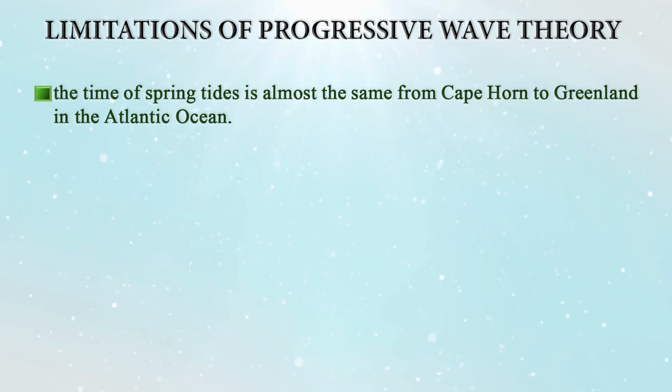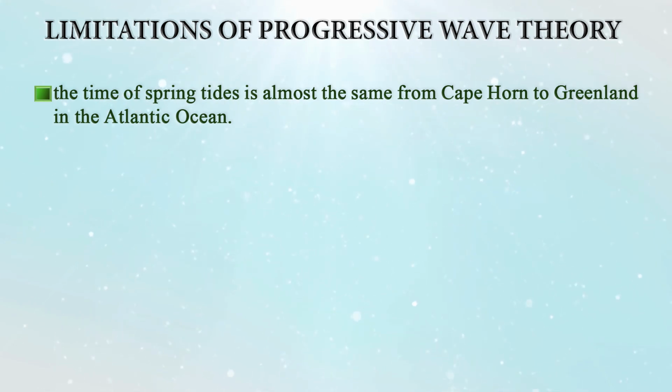So, how do we explain this with the progressive wave, how do we explain this time lag? There can be examples of time lag, but how do we explain that the same time of spring tide is found from Cape Horn to Greenland along the same meridian?